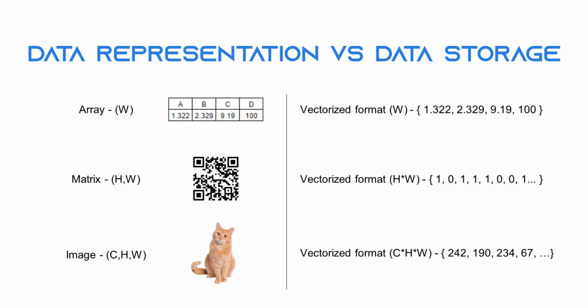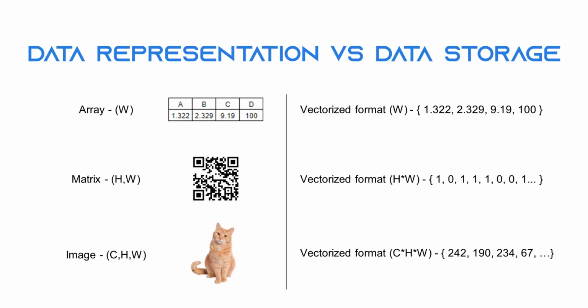On the right side we can see their representation in a vectorized format, meaning a sequence of elements, without clear distinction between how many elements by dimension we have. So starting with the first example on the left, the array, with just a single dimension, width, we can see that its elements are already stored in a vectorized format.